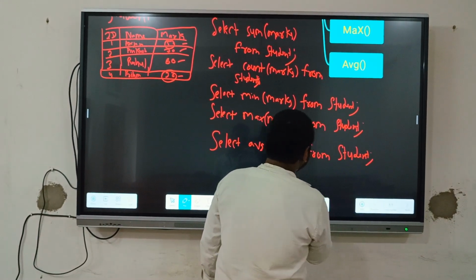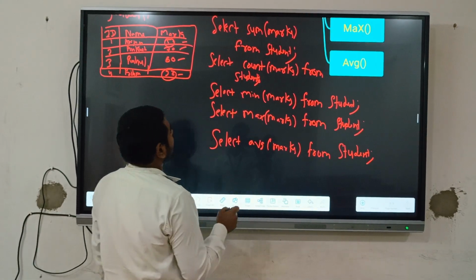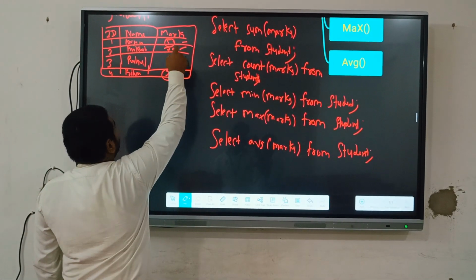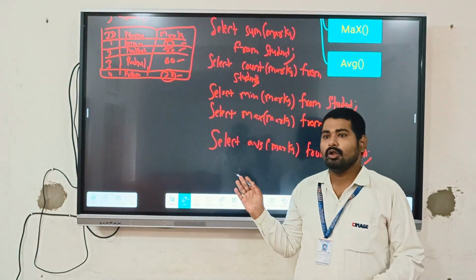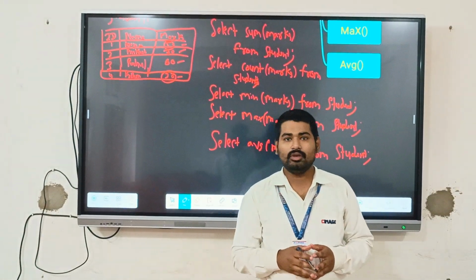After executing this query, it will give the average marks of this marks column. So let's see this example through queries in SQL.